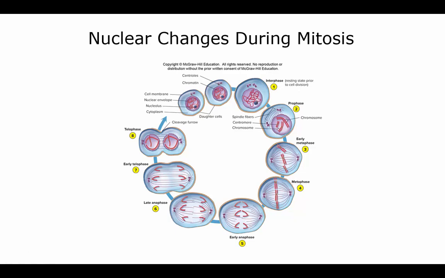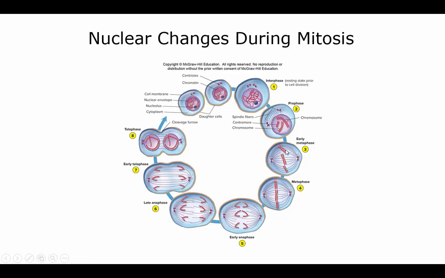Then it goes into mitosis, and it starts with your prophase, where that chromatin, the DNA, is going to thicken up and make these chromosomes. Our nucleus is going to disappear, the nuclear envelope disintegrates, and those centrioles are going to start moving to opposite sides of the cell, and the spindle fibers are going to form between them as it moves.